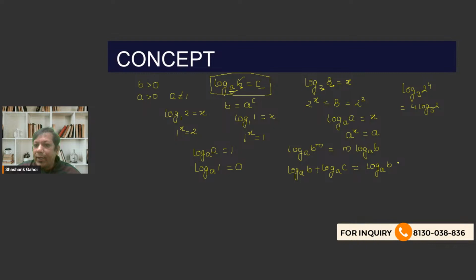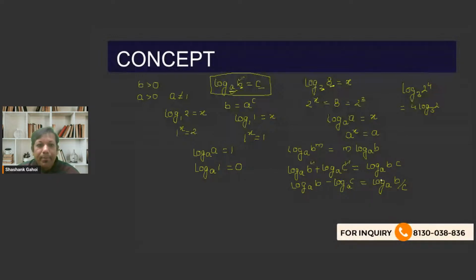If I have log b base a minus log c base a, it is going to be equal to log base a of b upon c. So if it is addition and the base is the same, then this and this will be multiplied. If it is subtraction, then it is going to be divided.